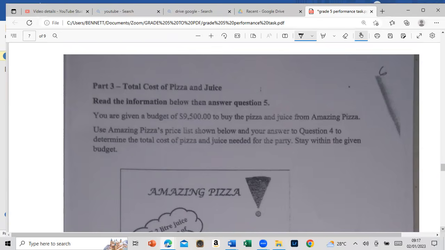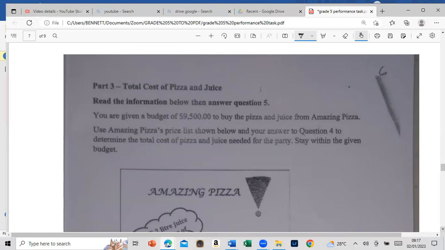All right, so it says part 3, the total cost of the pizza and the juice. It says read the information below, then answer question 5. You are given a budget of 9,500 to buy the pizza and the juice from Amazing Pizza.